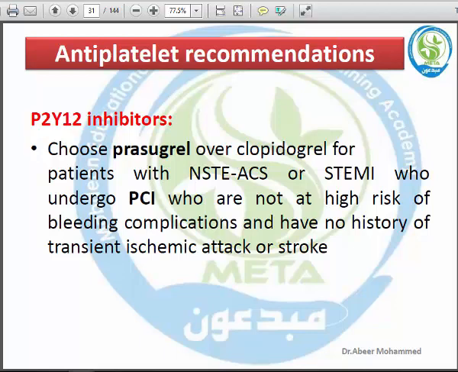Prasugrel بختار Prasugrel over clopidogrel for patient with non-ST acute coronary syndrome or STEMI اللي هم داخلين early invasive، لما يكون ما عندهم high risk like complications like stroke or transient ischemic attack, in which the prasugrel will be contraindicated.